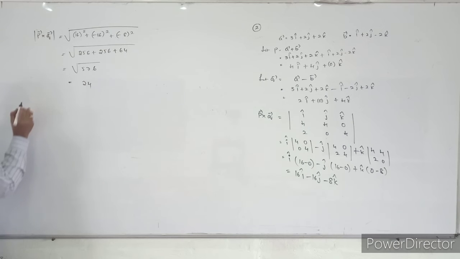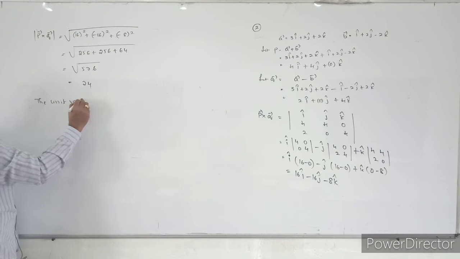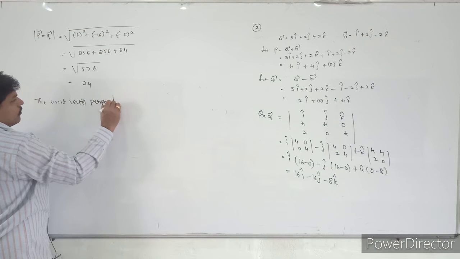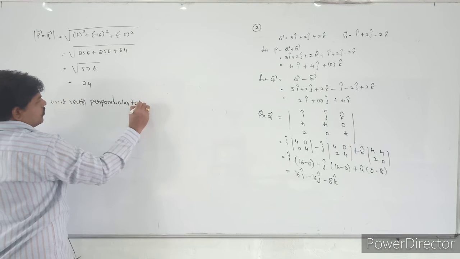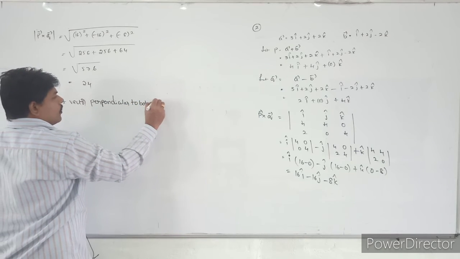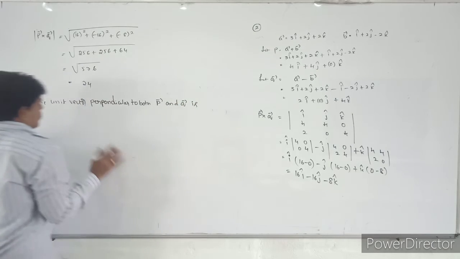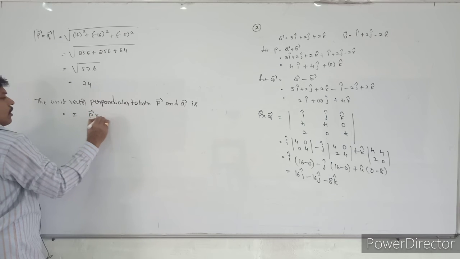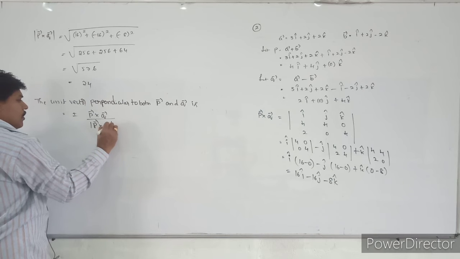Therefore the unit vector perpendicular to both P bar and Q bar is equal to plus or minus P bar cross Q bar by mod P bar cross Q bar.